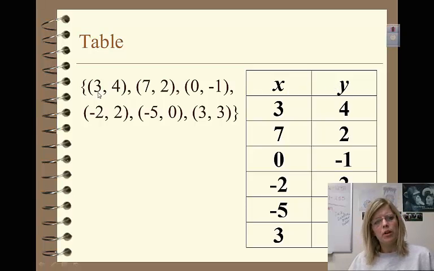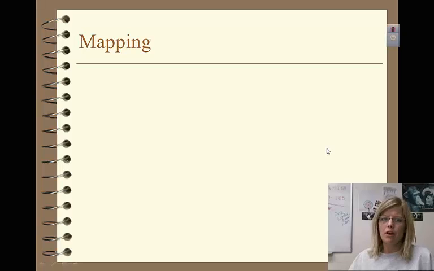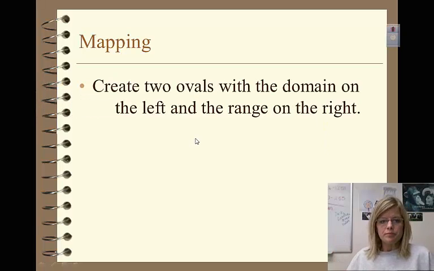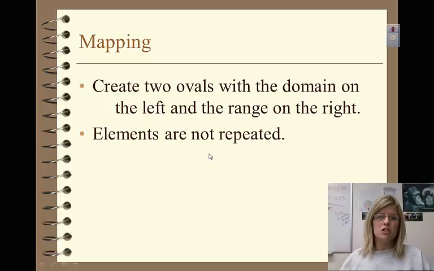Fairly simple. Mapping is with 2 circles. You have 2 ovals with the domain on your left and the range on your right, just like an ordered pair. X values on your left, y values on your right.